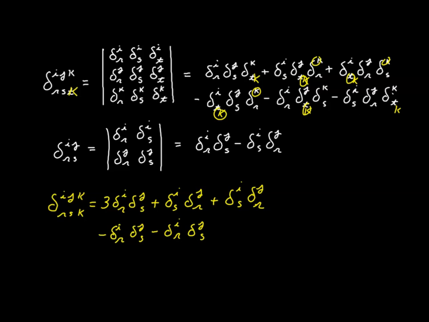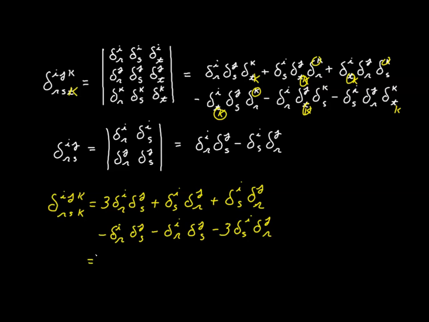And the last, again, this is a factor of 3, so we're going to have negative 3 delta is delta jr. Okay, now we can combine some terms.